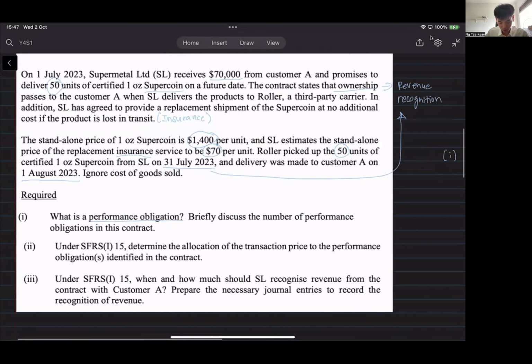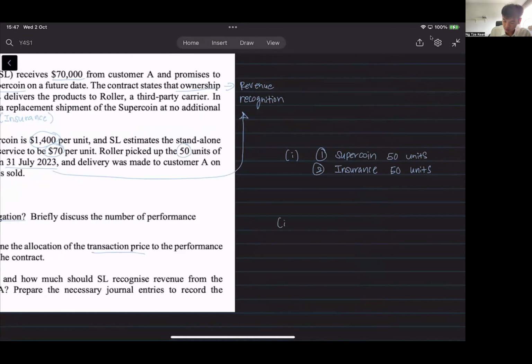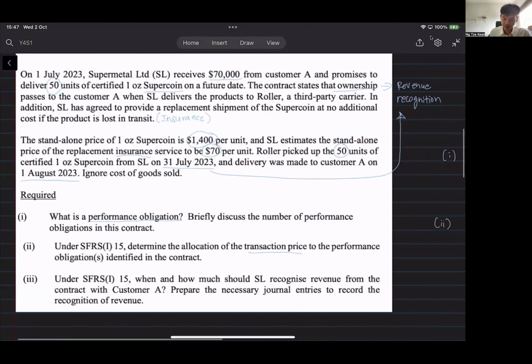So going on to question two, determine the allocation of the transaction price to the performance obligations identified in the contract. So moving on to part two, we know that the revenue earned is equal to the 70,000 stated at the top.